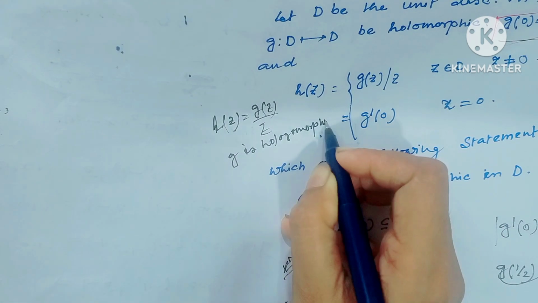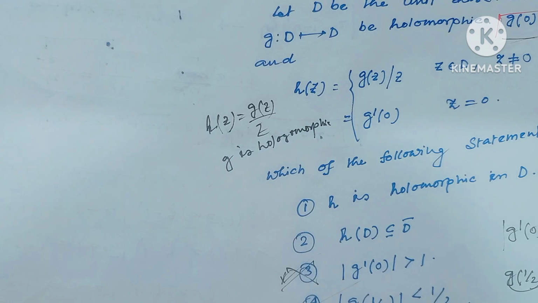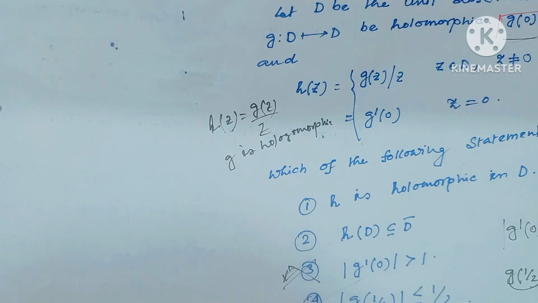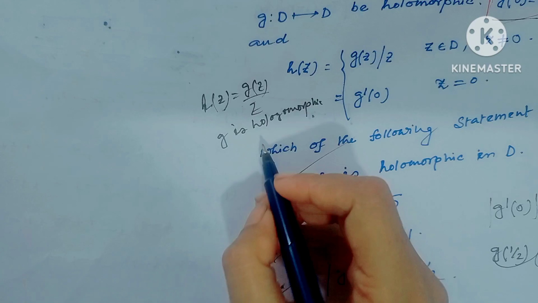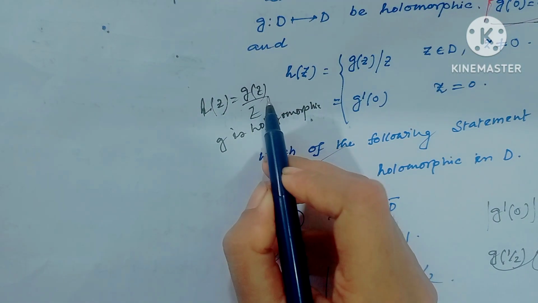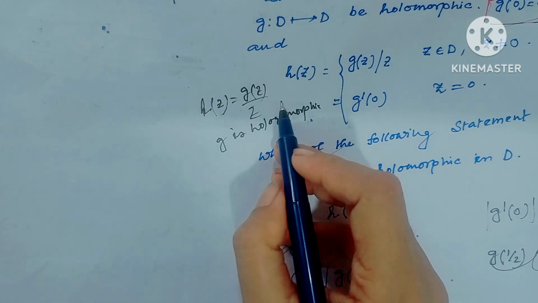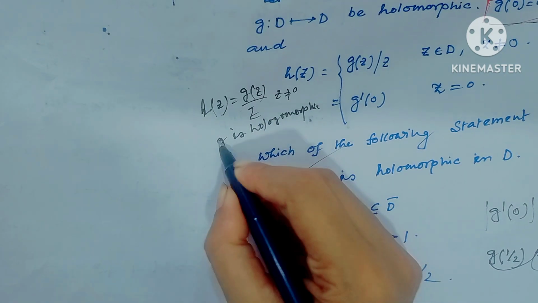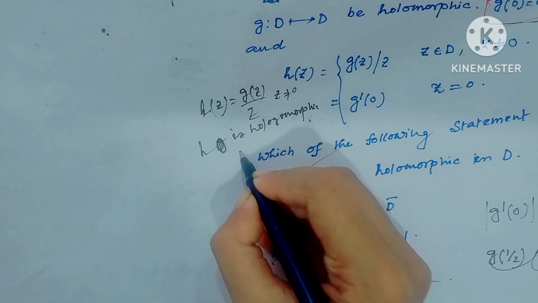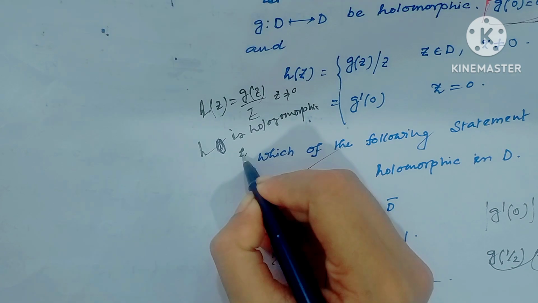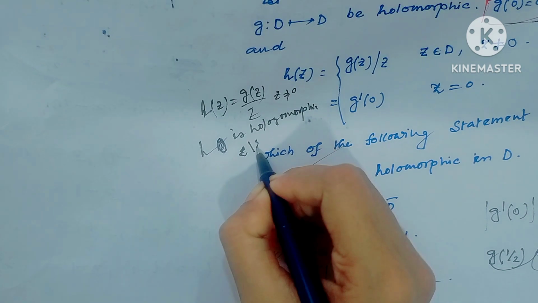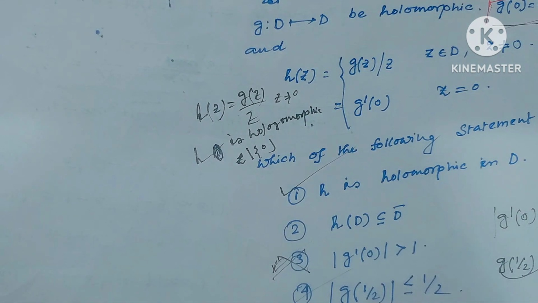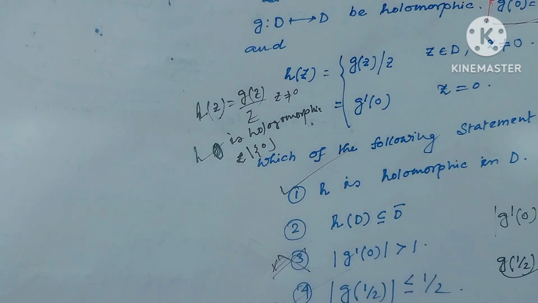And we all know z is a holomorphic function, so their division g(z) over z would be holomorphic. So here h(z) equals g(z) over z when z is not equal to 0. So h(z) is holomorphic on D omitting 0. Now I will check whether h(z) is holomorphic, meaning analytic, at the point 0.